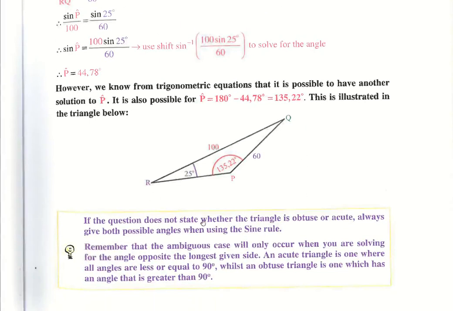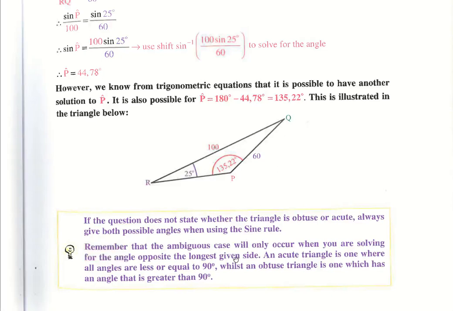If the question does not state whether the triangle is obtuse or acute, always provide both possible answers for the sine rule. Remember that the ambiguous case will only occur when you are solving for the angle opposite the longest given side.